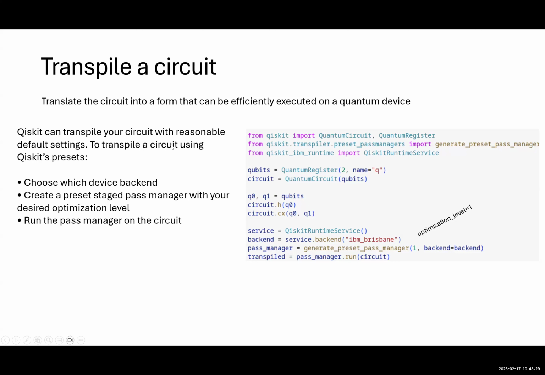Okay, so this transpiles your circuit with reasonable default settings. This is a preset, so most of the time you would just try this. Then what you can do is also print out the circuit depth.